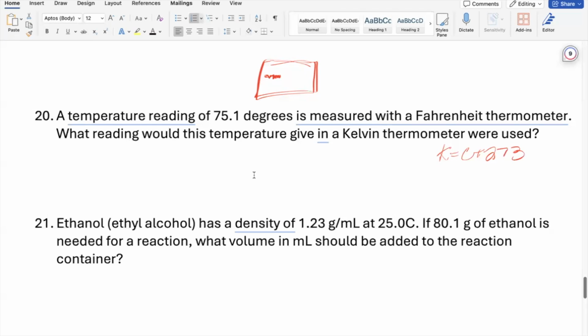So Fahrenheit to Celsius is, let's see here. Fahrenheit equals 9/5 times C plus 32.